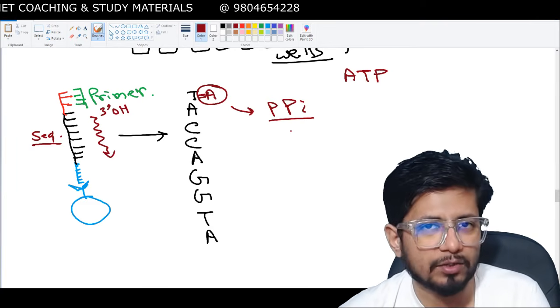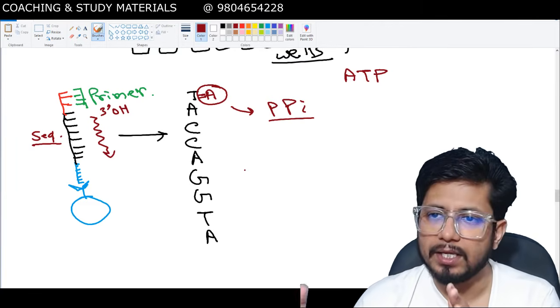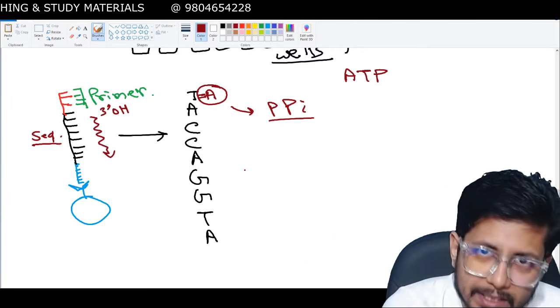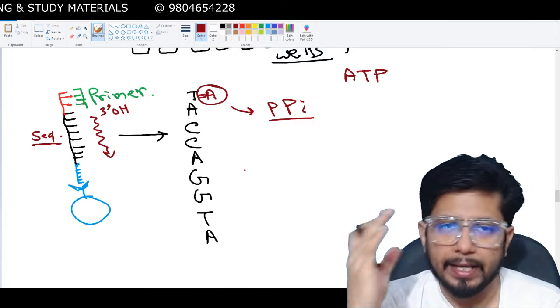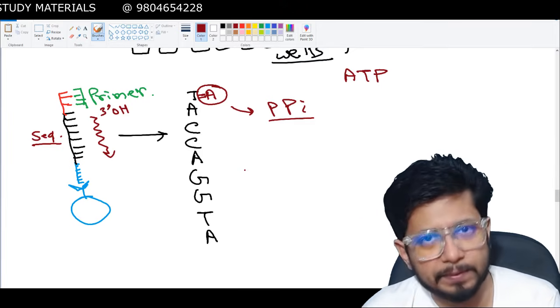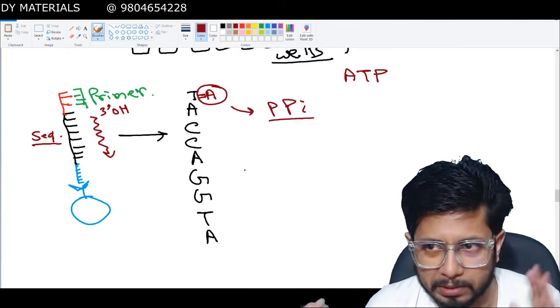Pyrophosphate is released by a normal chemical reaction. So ATP, when we provide it, it gets attached in the AMP form, and two other phosphates will be released as PPi. That's a normal process of DNA polymerization.